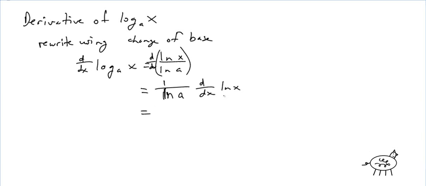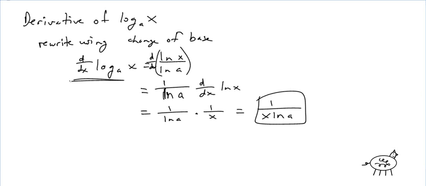And of course, we already did ln of x, it's just 1 over x, so it's 1 over ln of a times 1 over x, which then I can write 1 over x ln of a. That's my answer. That's the derivative of log base a.